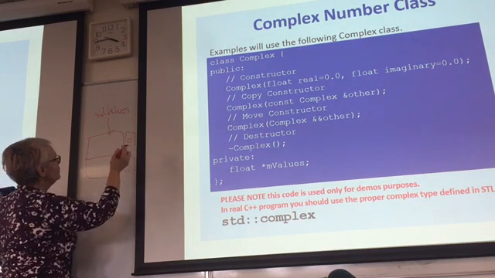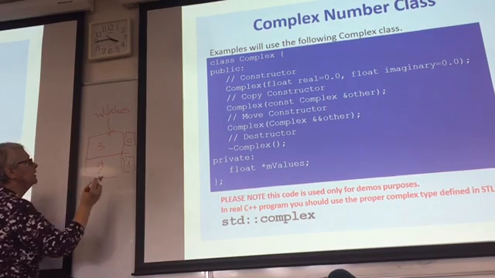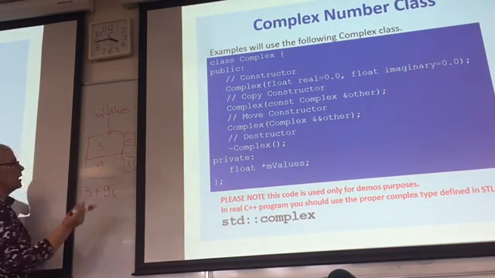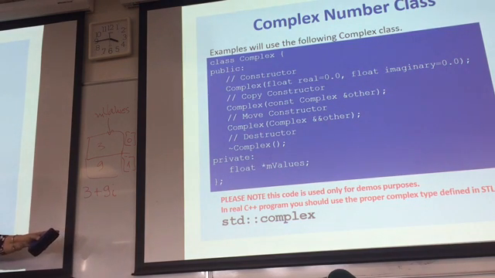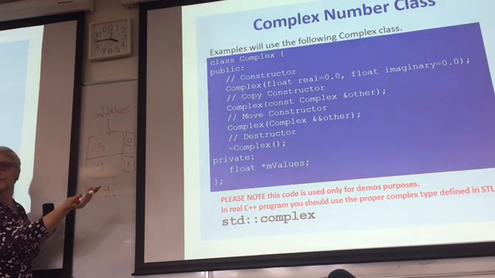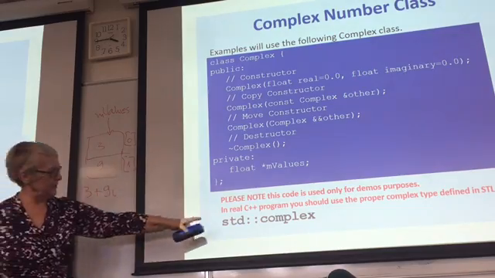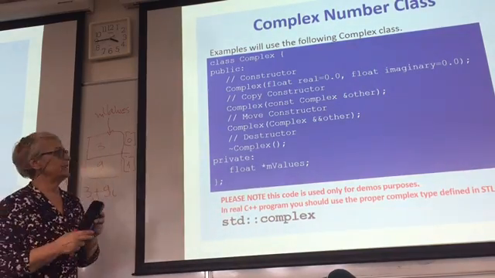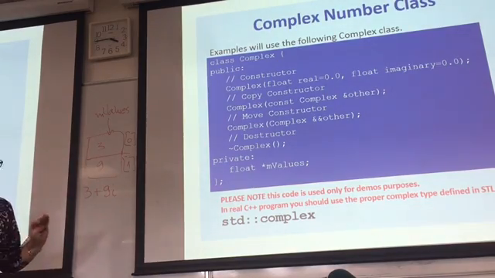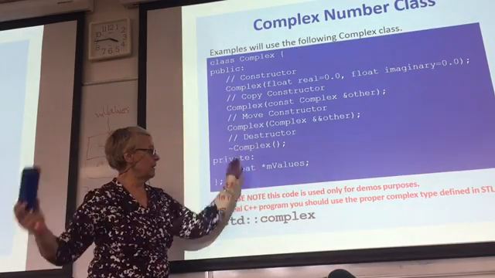So if we assume that we assign the values 3 and 9 here, we, in our mind, say that we represent the number 3 plus 9i. This is a complex number from mathematics. But what we do is work with a pair of values. The C++ standard library has a complex type, which has two data members, each one a float value, not pointers. So this code shouldn't be used for a real application.